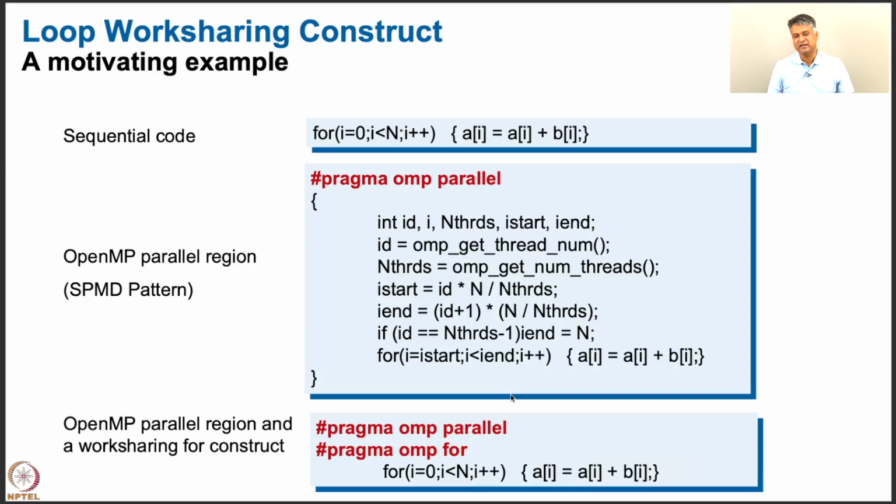So what we are trying to say is that the amount of data that each of the threads works on might not be uniform in dynamic scheduling, but they roughly try to finish work as fast as possible. If the workloads are the same, then it is better to use static scheduling.